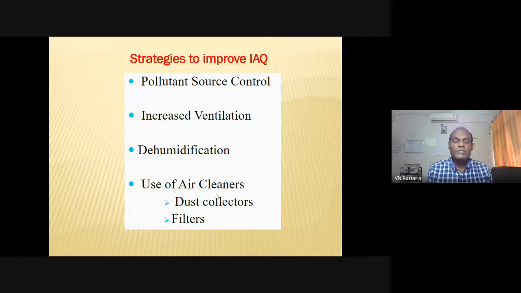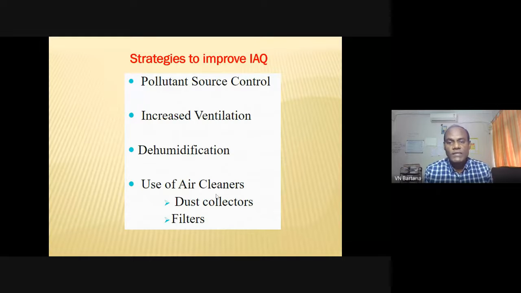It is also a major cause of diseases, bacterial and virus diseases. They can disperse or distribute, or they can further grow in a humid environment. So dehumidification is also important to have good indoor air quality.